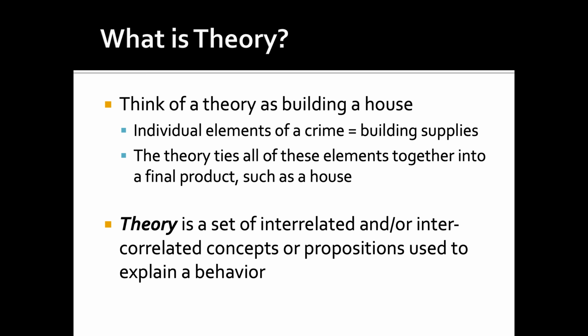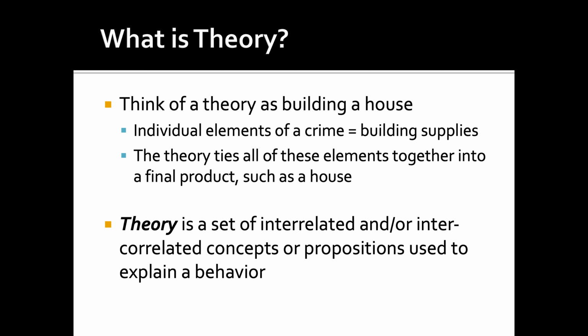So the general definition of a theory that I want you to be sure you know is: a theory is a set of interrelated and/or intercorrelated concepts or propositions used to explain a behavior. Now, I took, I believe, 7 different theory classes throughout my undergraduate and graduate career. I was in college for a total of 9 years between my bachelor's, my master's, and my PhD, and I took 7 or so different classes on theory.